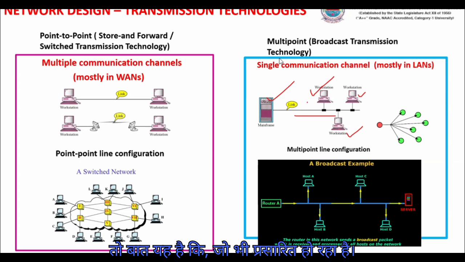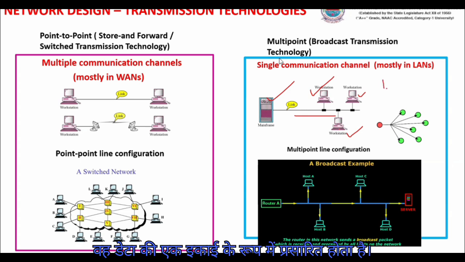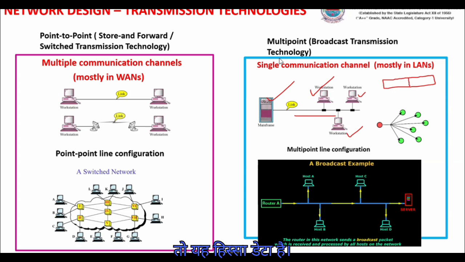problem can be resolved? So the thing is, whatever is being transmitted is transmitted in the form of a unit of data. So this much part is the data. And here we have got some control information in which one part is the source address, one is the destination address.